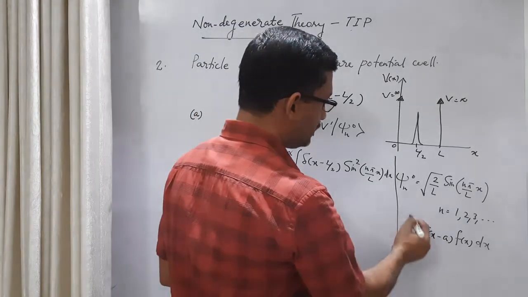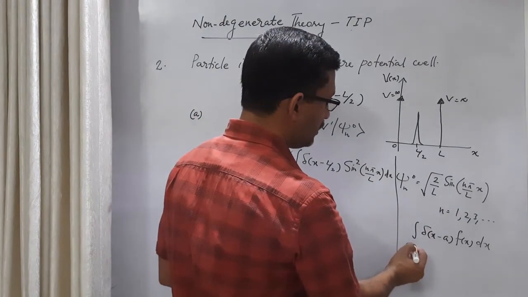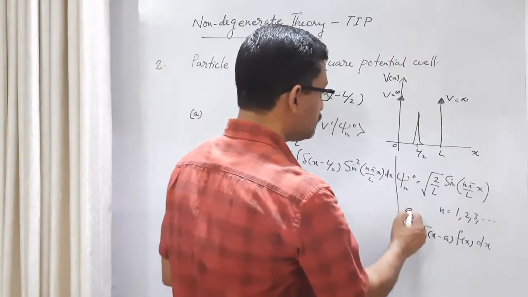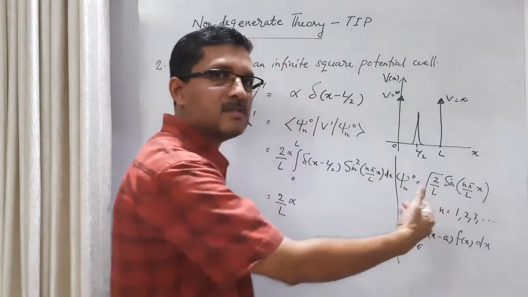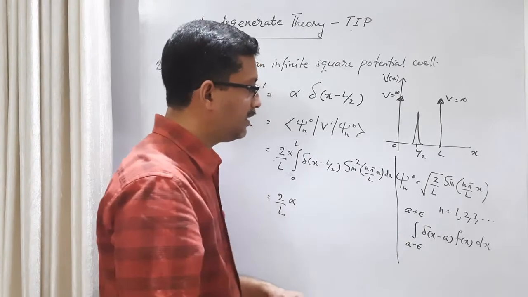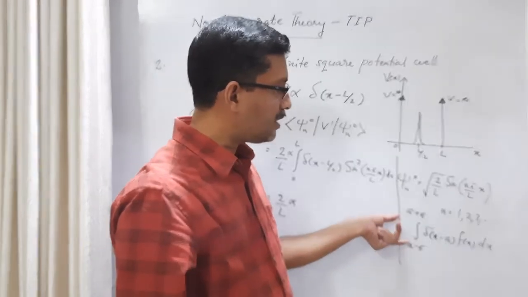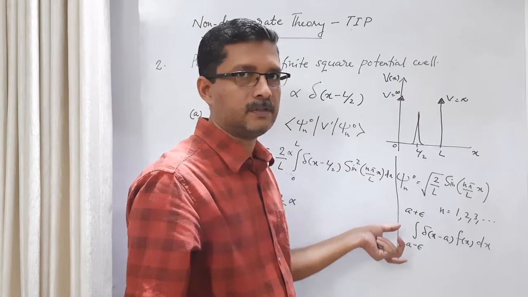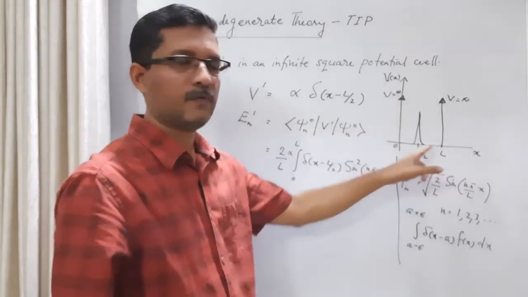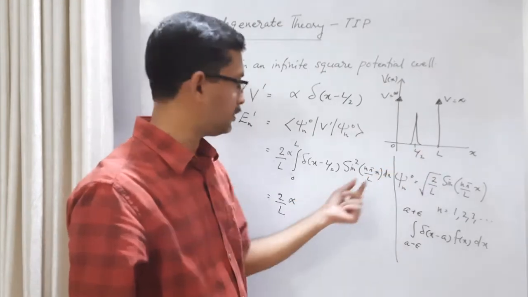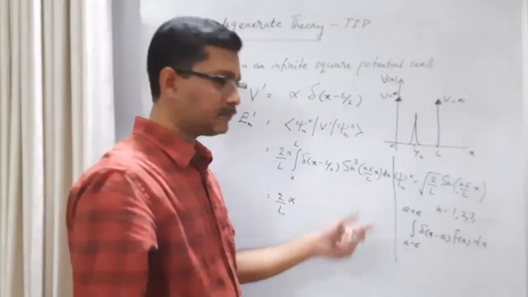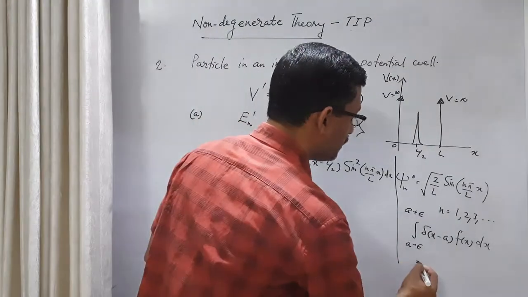That means this integration should be from at least some epsilon distance before a to some epsilon distance after a. So this integration should contain the point a. That is the meaning of this one. Okay. So here we are integrating from 0 to L. So definitely it contains the point x equal to L by 2 where this delta function peaks. Therefore this is valid.